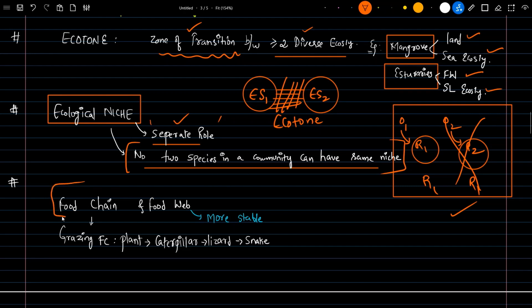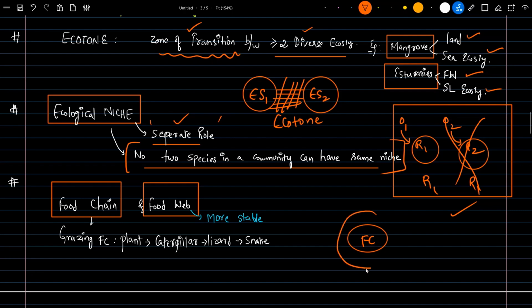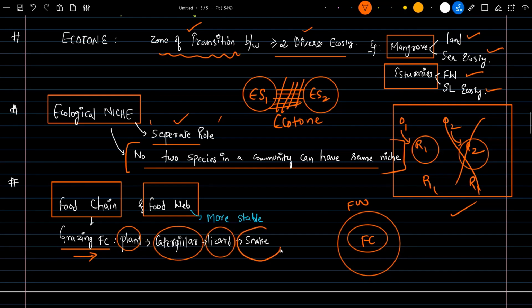Next, understanding the food chain and food web. What does food chain mean? Food chain is a subset of food web, we can say. Food chain is simply a single flow. Let's understand the grazing food chain. There will be a plant. The plant will be eaten by a caterpillar, the caterpillar will be eaten by a lizard, and a snake eats this lizard. So this is simply a food chain.